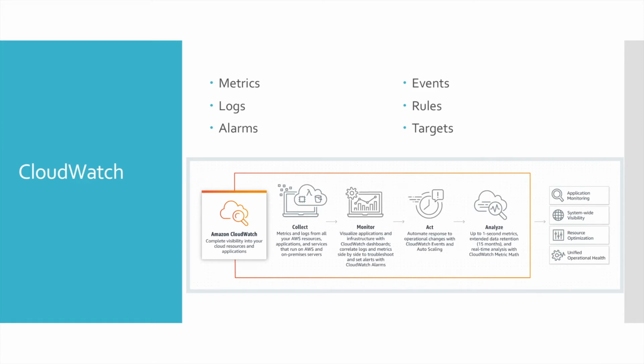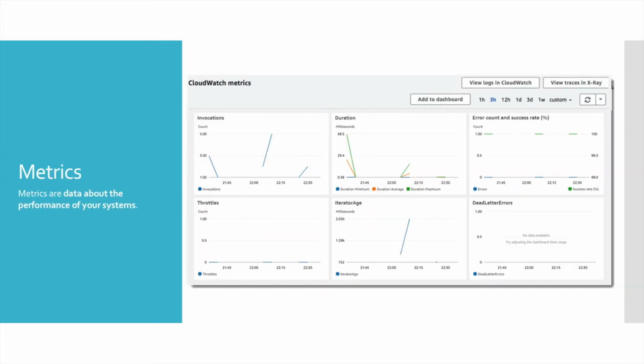We can group its functions into two groups. One includes metrics, logs, and alarms. The other includes events, rules, and targets. Metrics is a very core part of CloudWatch. On the CloudWatch console, we can monitor every aspect of the system's health.